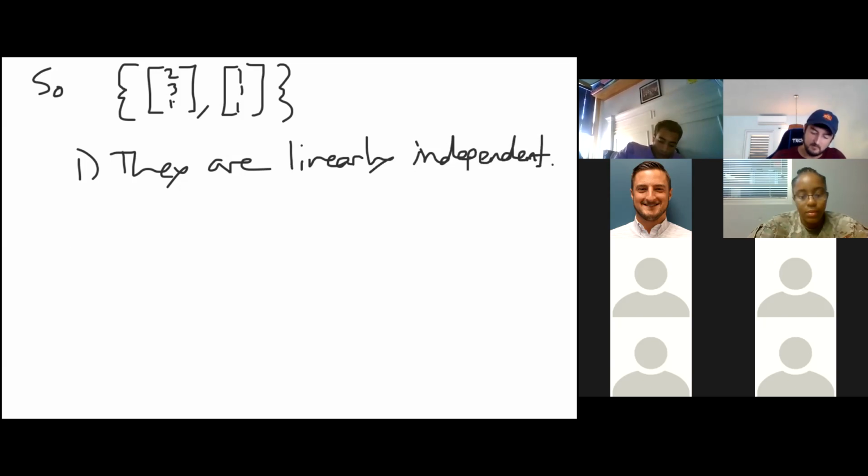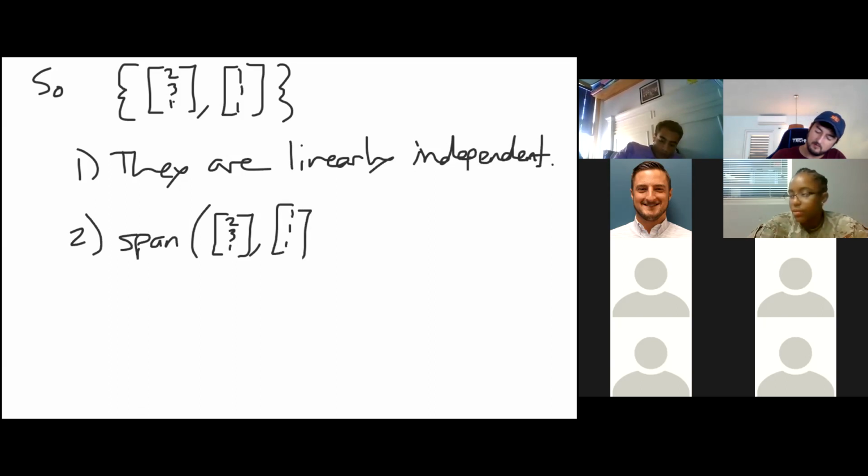And the span of these two vectors, I'll actually write them out this time. I'll write above it just in red because we've been going back and forth between calling these x1 and x2 and writing them out. But the span of these two vectors is the span of the vector space I'm trying to find the dimension of.